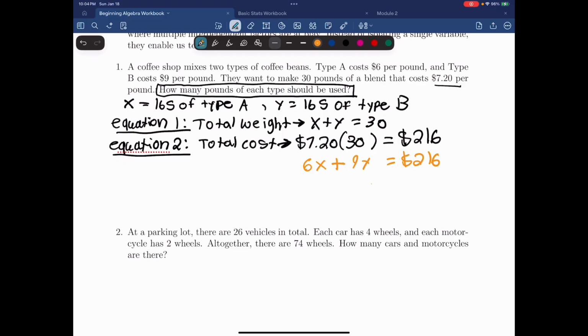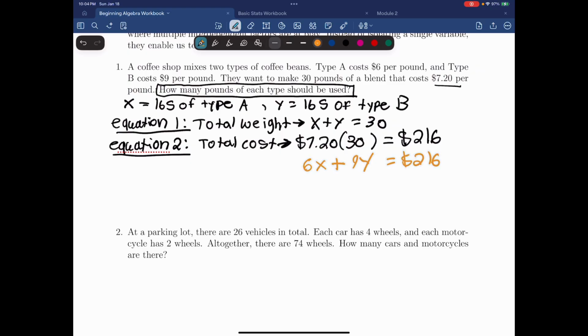And that's because type B costs $9 per pound. So we're going to say however many pounds of type B we have is going to be $9 times how many pounds, and 6 times how many pounds of type A.